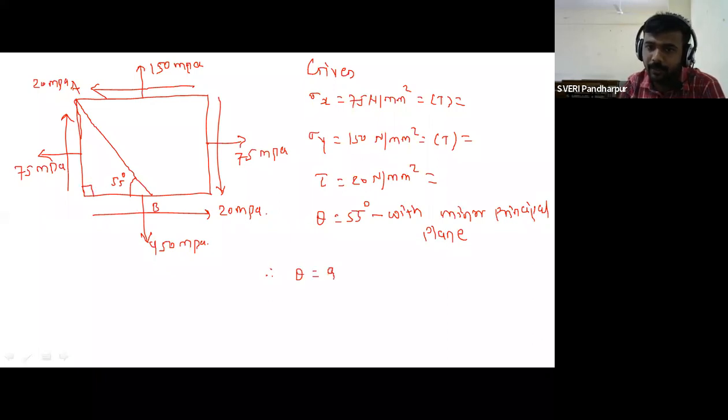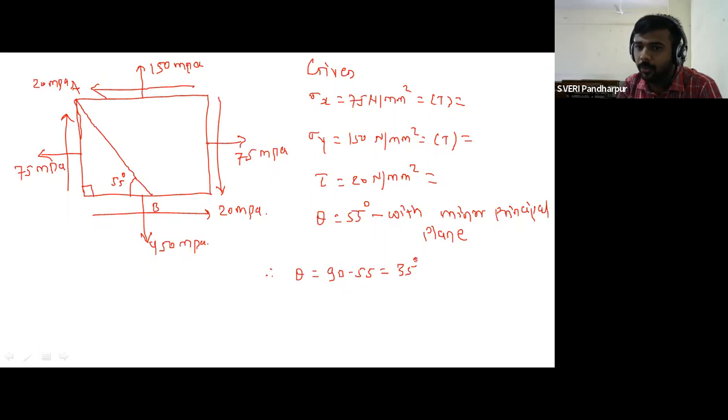So 90 minus 55, how much? 45 or 35? 35 degree. Therefore, 2 theta is equal to 70 degree. So here your actual theta value is 35 degree.